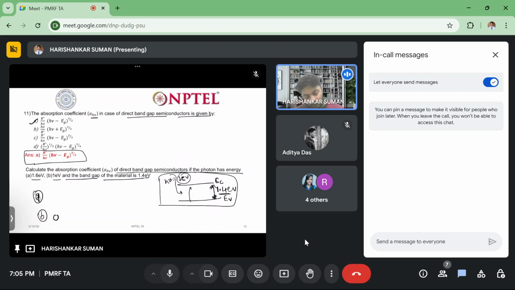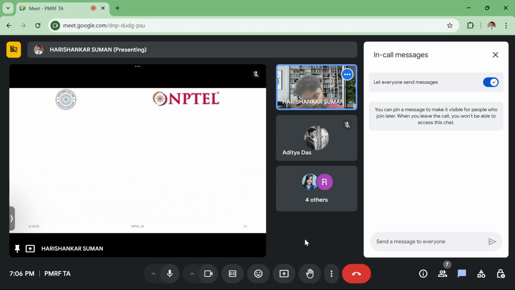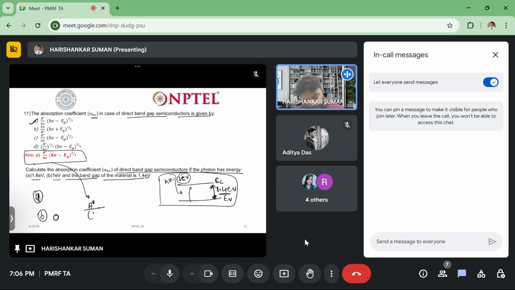So this is 0. But for the first part, you have to calculate, let's say, the photon energy h nu, which is 1.6 minus Eg 1.4, to the power 3 by 2. This is the constant.